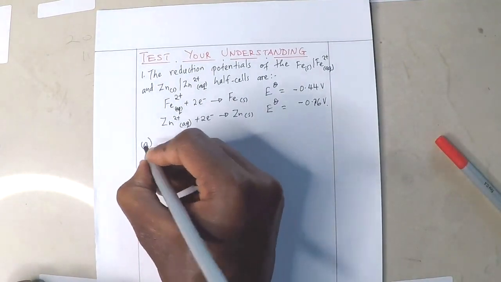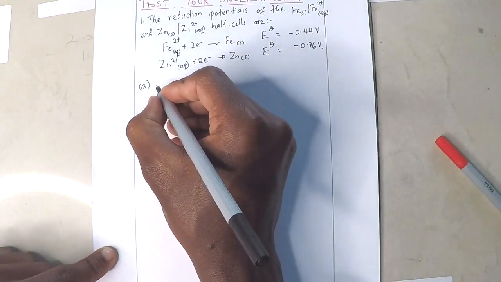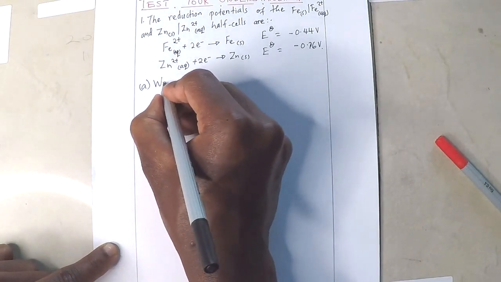For the first question, we're going to follow the same fashion as what we did, which is to write the ionic equation for the cell made by combining the two half cells.